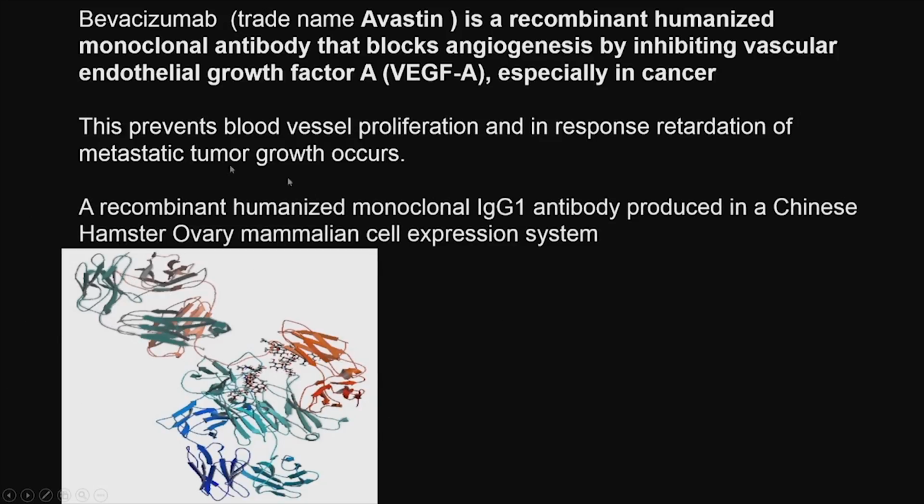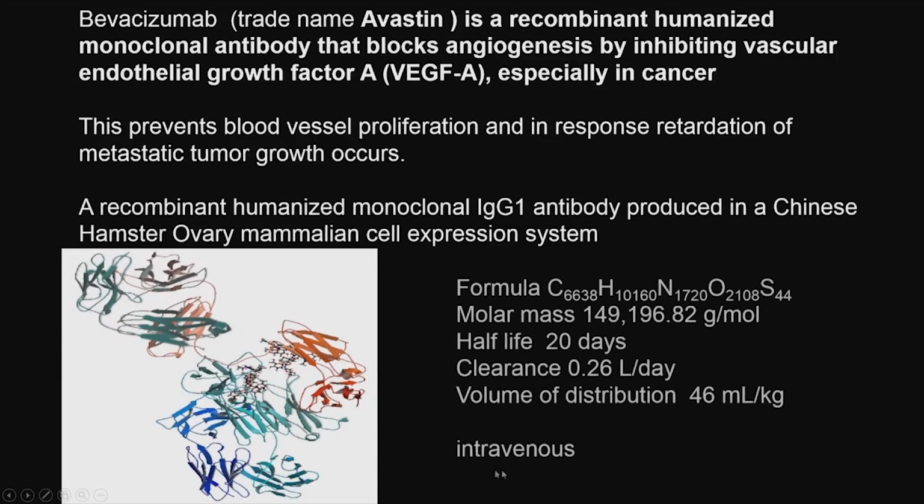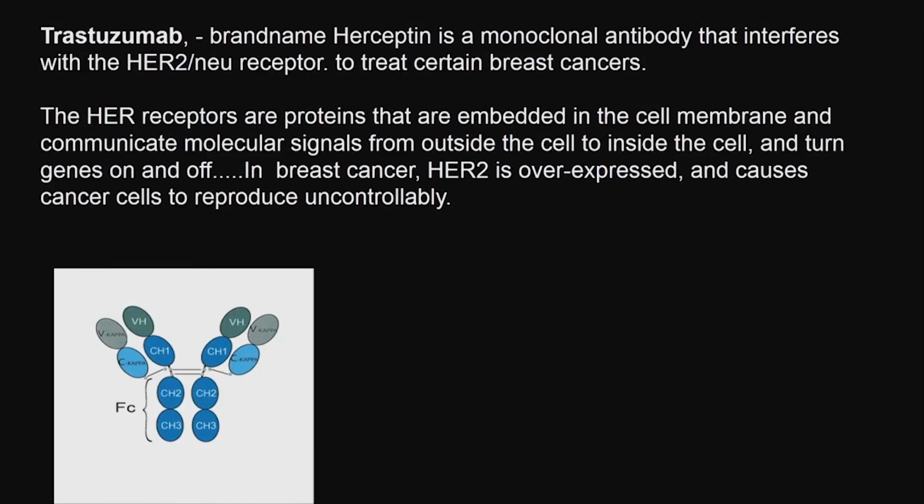Of course this is a recombinant product and it is given intravenous because of the molar mass, 149,196. Half life is quite good, 20 days, that means it lasts inside the body for a very long time, which is why clearance is also very low, 0.26, and volume of distribution is 46 ml, very low. So with a little dose inside, you can have a large concentration.